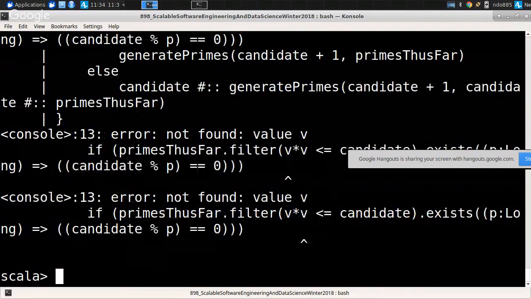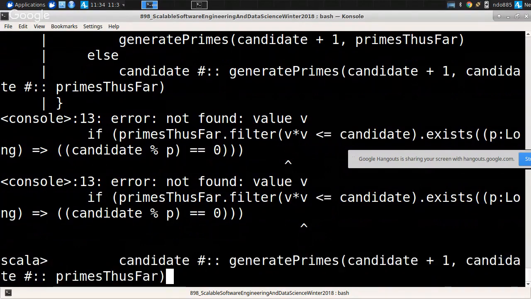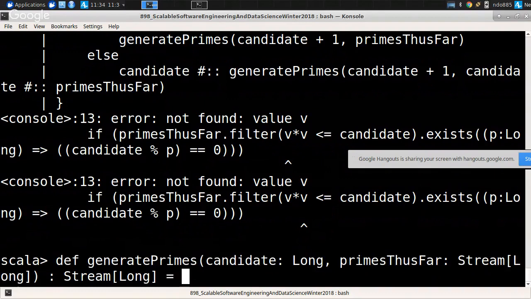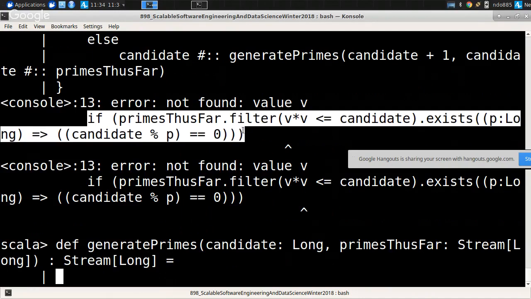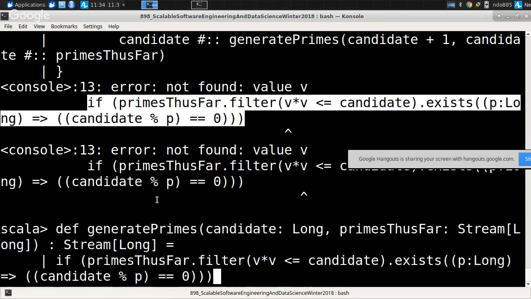I said somehow that I said V. Oh, did I not? Oh, that's weird. Okay. Fine, I'll just go paste it. Ladies and gentlemen, I did not properly take. What do I have to do here? What did I forget?